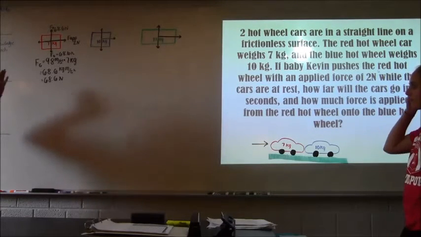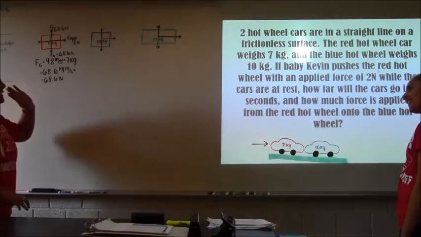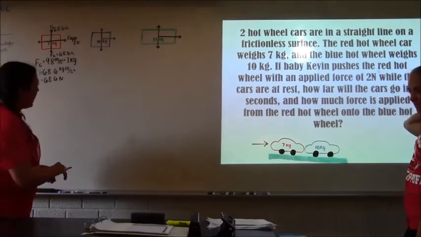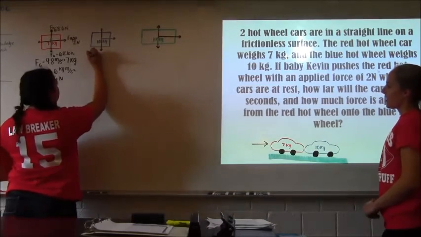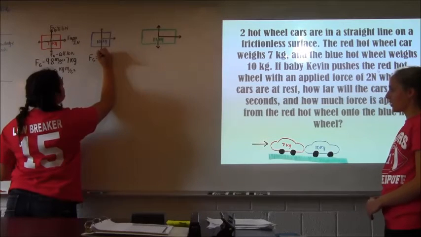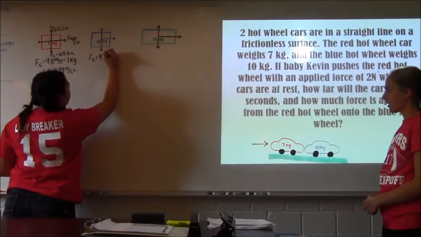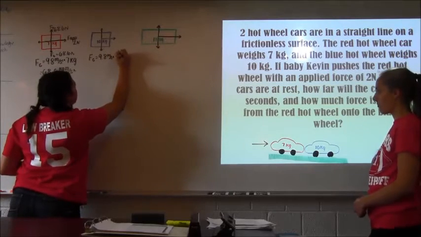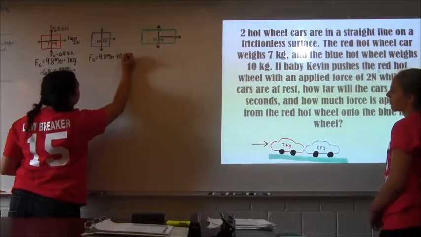Okay, now we completed that, so we can move on to the next one. So, with the blue car, this time, for the gravitational force, we're going to use the same process, except this time it's going to be 9.8 meters per second squared times 10 kilograms.